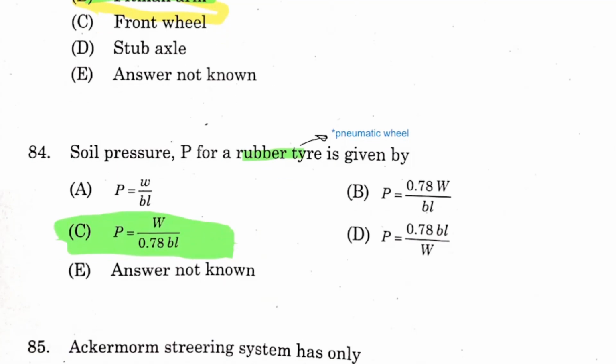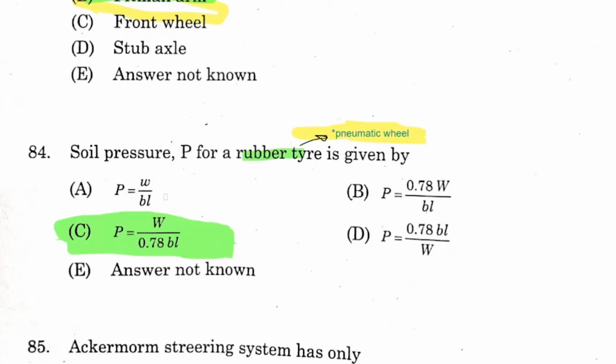Soil pressure P for a rubber type is given by W by 0.78 B into L. So rubber type tire means pneumatic wheel. We can also know it as pneumatic wheel. That is correct.